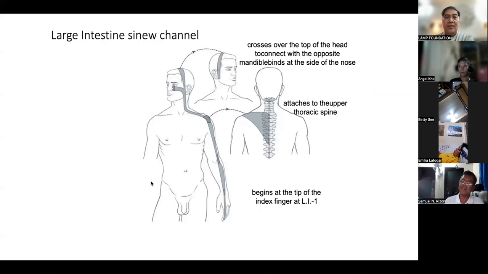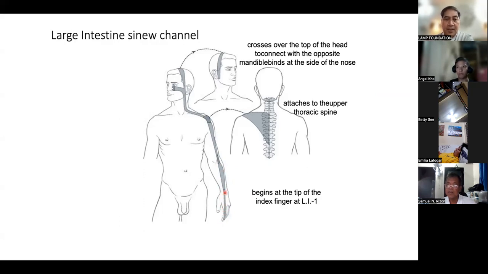Next, we go to the large intestine sinew channel, or the large intestine muscle channel. Just like the lung muscle channel, it covers a wider area than the primary channel. It originates at the tip of the index finger, and then it connects at the dorsum of the wrist.